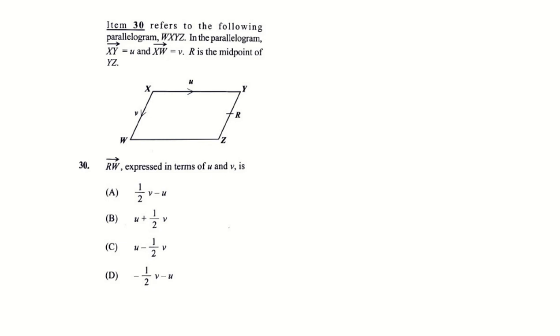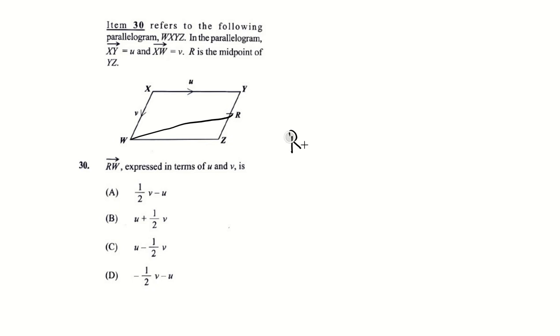Right, this one, RW, expressed in terms of U and V. They told you that R is the midpoint of YZ. So first off, let's find out what RW is. So we start with R. R is here.